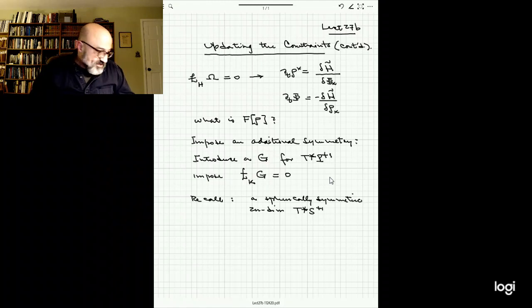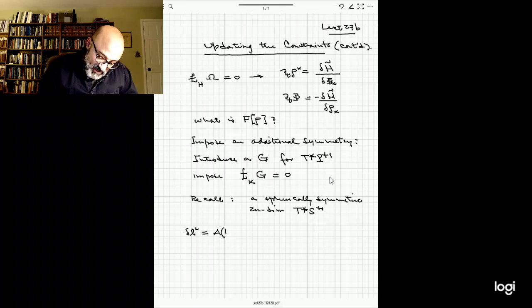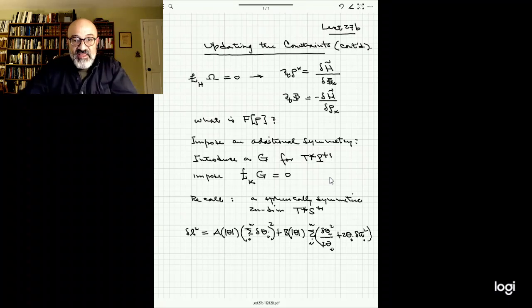And what we had here was a metric, a length element, given by a function of the normalization times the sum of the delta thetas, all of this squared, plus another function of the normalization times a sum over the delta thetas squared, plus 2 theta delta pi I squared. Very good.